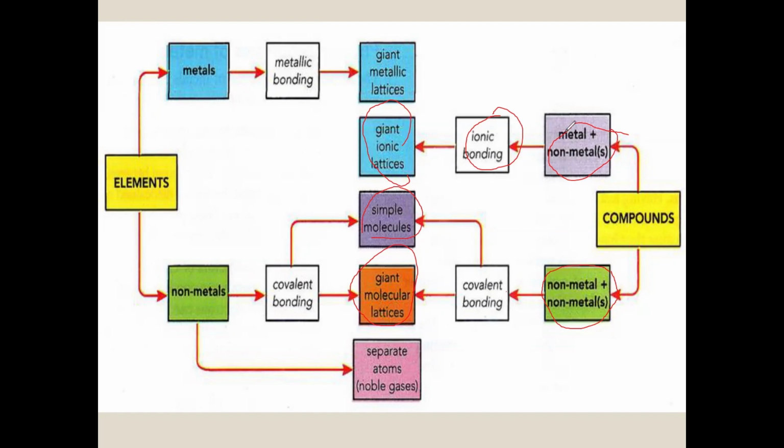So we have either elements or compounds. Compounds can come from a covalent bond between a non-metal and another non-metal, or are formed by an ionic bond between a metal and a non-metal. And this is a summary of what we have in this whole chapter.